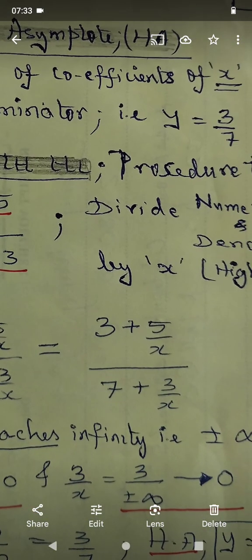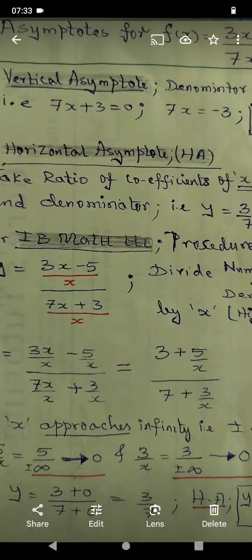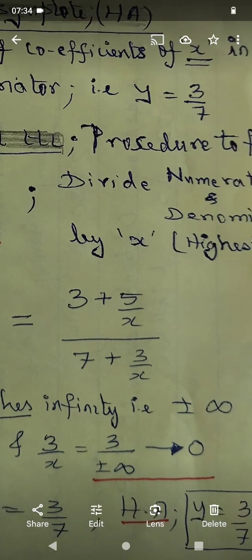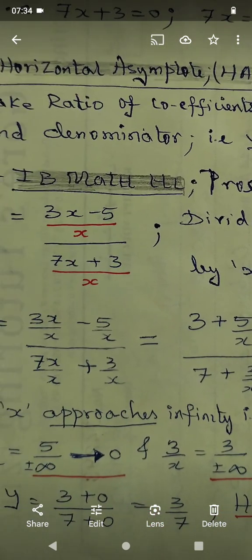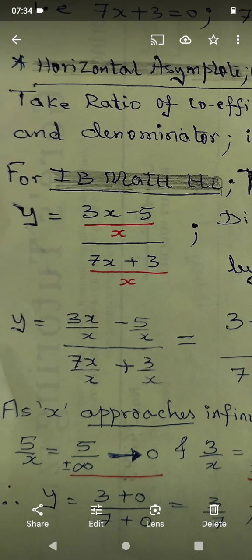Therefore, if you look at it, you have 5 over x and 3 over x, isn't it? So I am going to see what happens to 5 over x as x approaches infinity, that is plus or minus infinity, a huge number. So it will be 5 over plus or minus infinity. Huge number means 5 over 20 billion. Just divide it in the calculator, you will see that it is 0.0000 whatever.